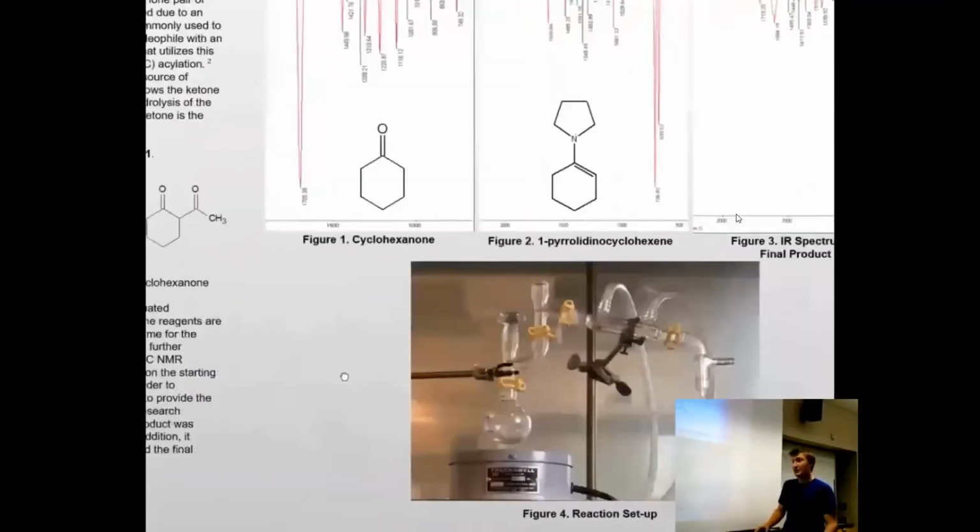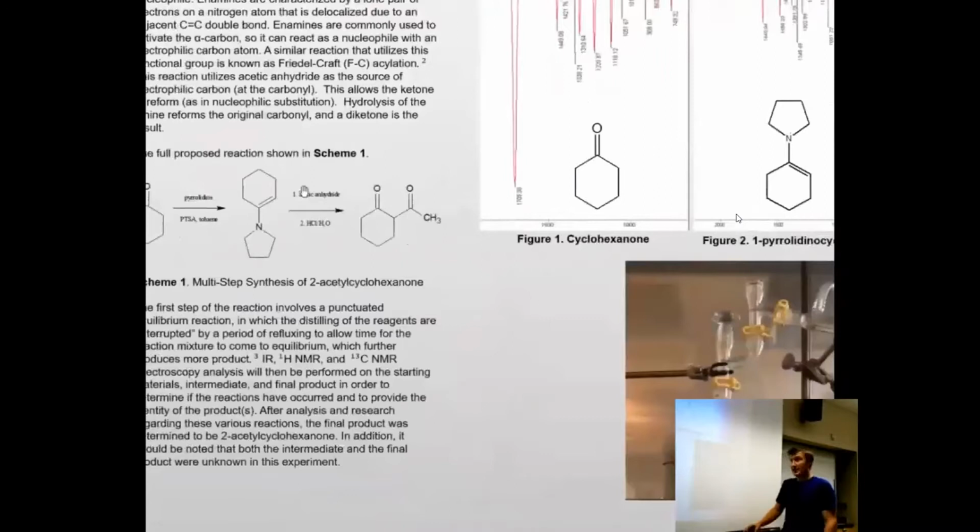And so for the second part of the reaction, that was an acylation reaction, but a special case, it's the Stork reaction, which is an acylation of an enamine. And the second part of this reaction step is a hydrolysis reaction, and that creates our diketone final product.